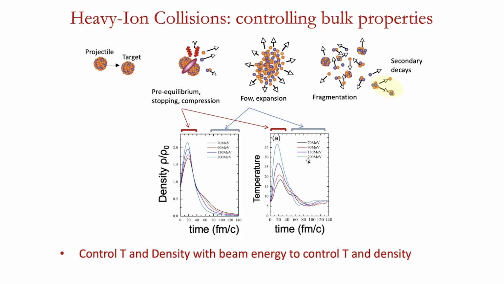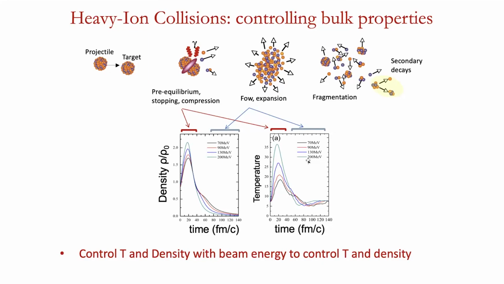You have compression in the initial phase of the reaction, and then the system expands and goes to the low density region. Also, if you look at the temperature, you would see that the system has a phase of heating, and then it starts to cool down and saturates around 5 MeV, according to this model. What you can see here is that if you change the beam energy, the velocity at which the nuclei collide, you can change the maximum density that you can reach, and also the temperature that you can put into the system.